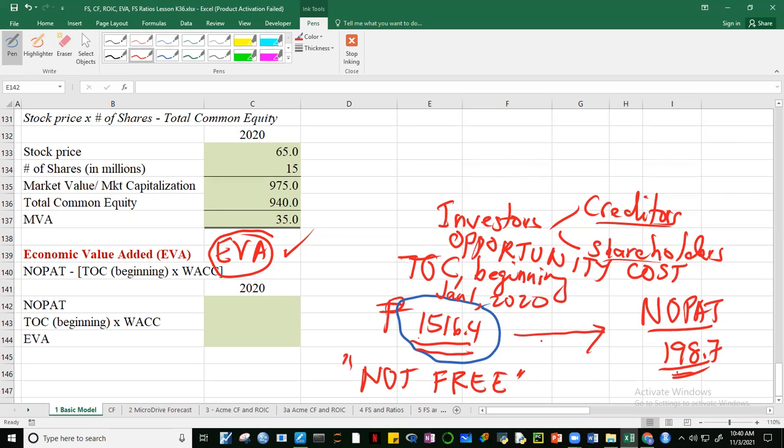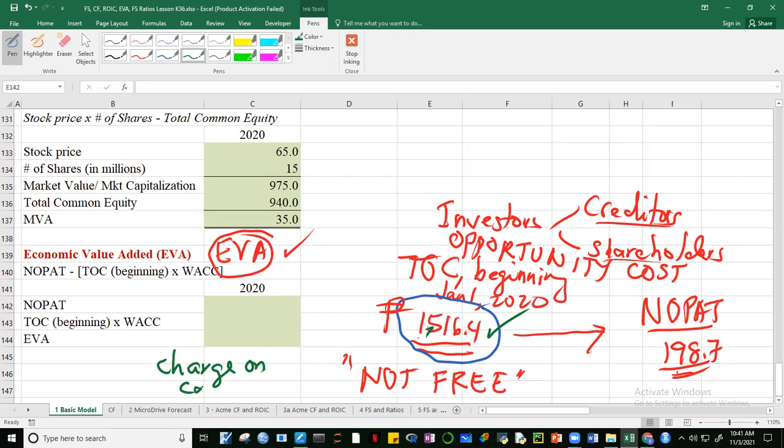So the concept is that since this is not free, we're going to charge management for the use of this capital. We're going to impose a charge on the use of the capital, so we call it a charge on capital, just like an interest.